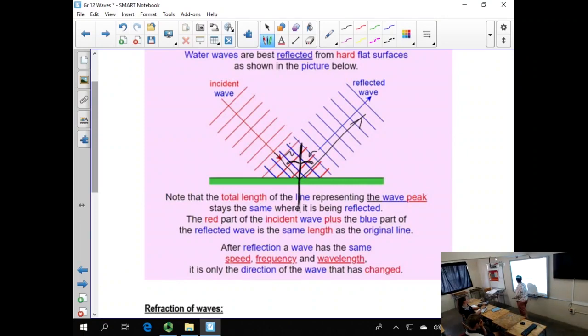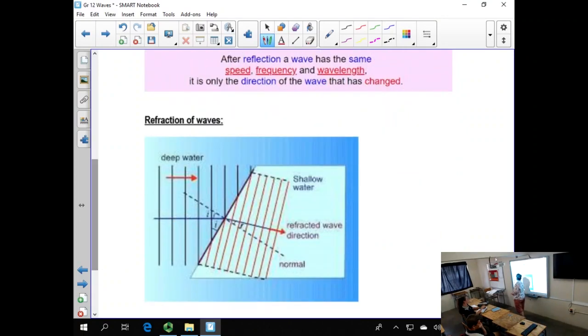All right. And then the refraction of a water wave, we said it is the wave will change direction when it travels from one medium to another. The reason for the direction change, it travels either faster or slower in the different mediums.